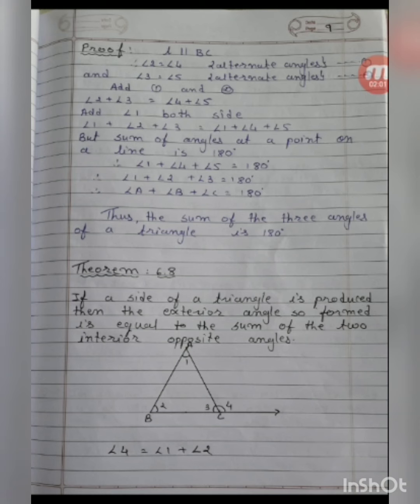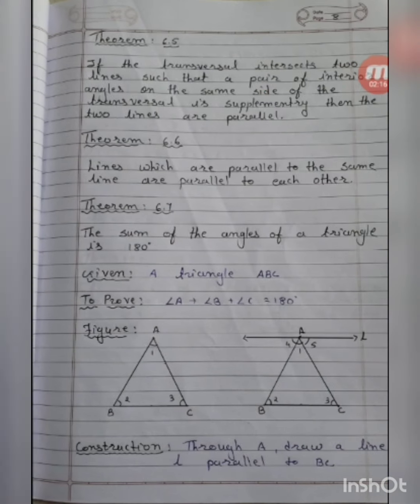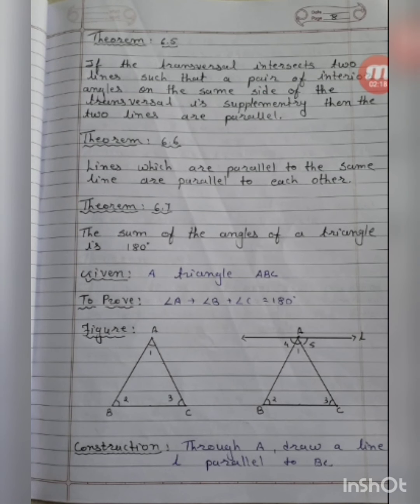But the sum of the angles at a point on a line is 180, because this is a straight angle and a straight angle is 180. So here you can see in the figure angle 4, angle 1 and angle 5 are on the straight angle. So the sum of these angles is 180.